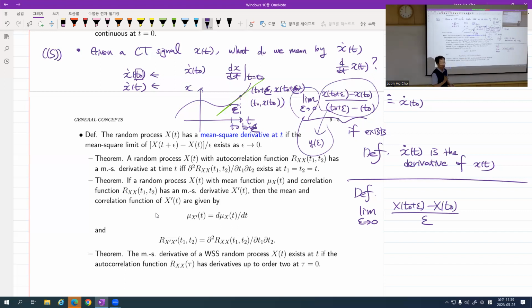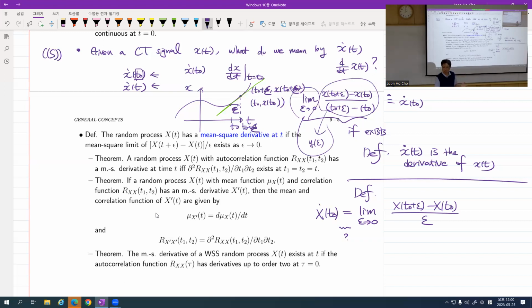But suppose it exists, then, of course, we assume some uniqueness under some definition of equivalence class. But if that exists, we are going to say that this is x dot of t0, in some sense: in the almost sure sense, or in probability sense, or in distribution sense, or in some other mean.